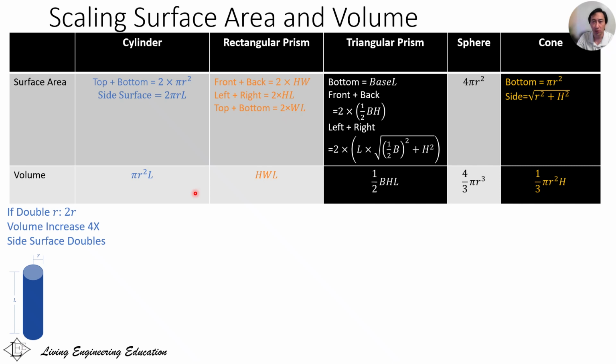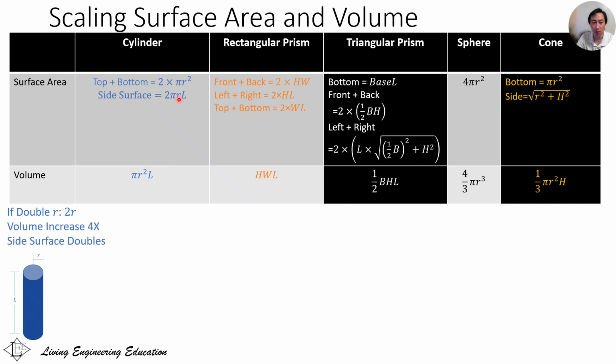All right, so first we'll look at the cylinder. And if I double the radius, we can see that the volume is r squared, so 2r is going to be turned to 4r squared, and that means that the volume increases 4 times. And then we can see that the side surface, right, the surface right here, that surface area will double, right?